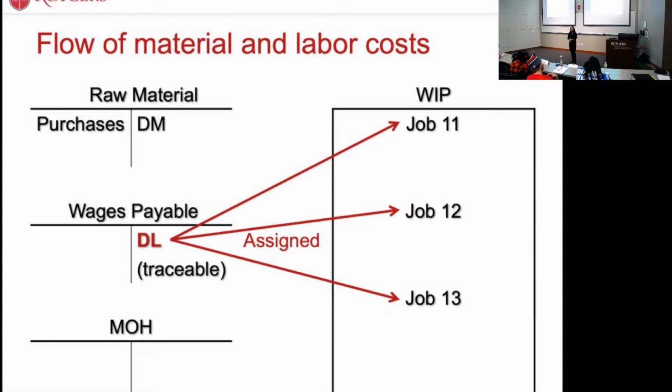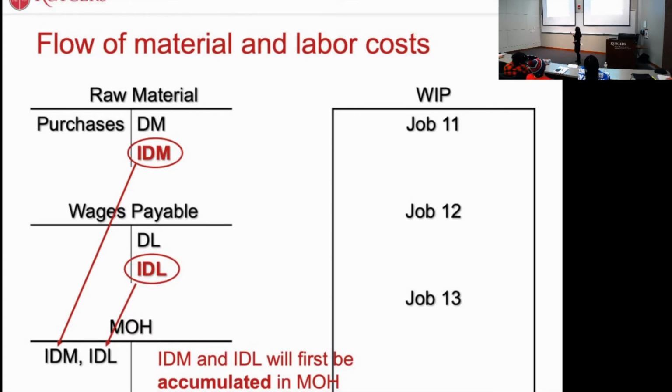So now let's imagine we have some indirect materials and indirect labor incurred. Okay, so same as before, we will reduce the raw materials by the amount of indirect materials used and increase the wages payable by the amount of the indirect labor used. So this part may be a little bit confusing, but later we are going to use some examples to illustrate those procedures.